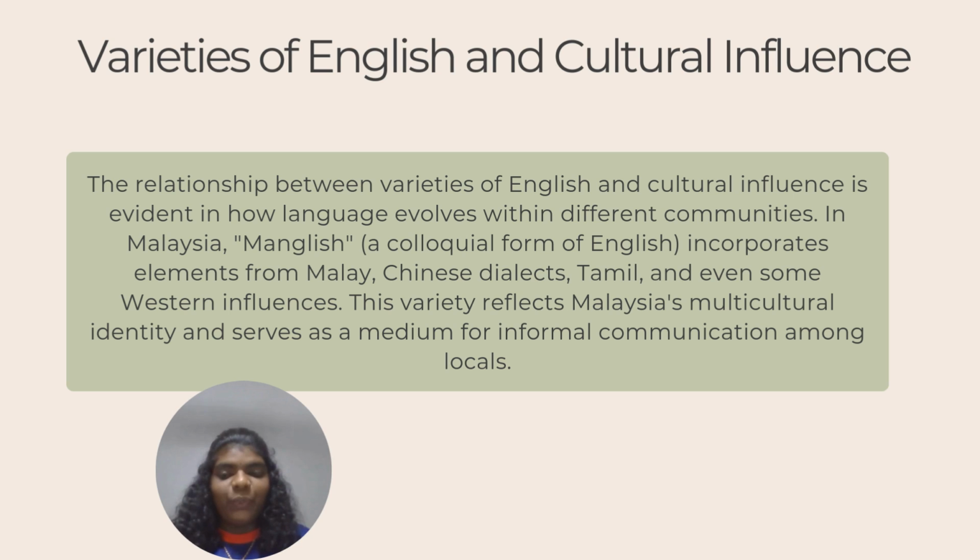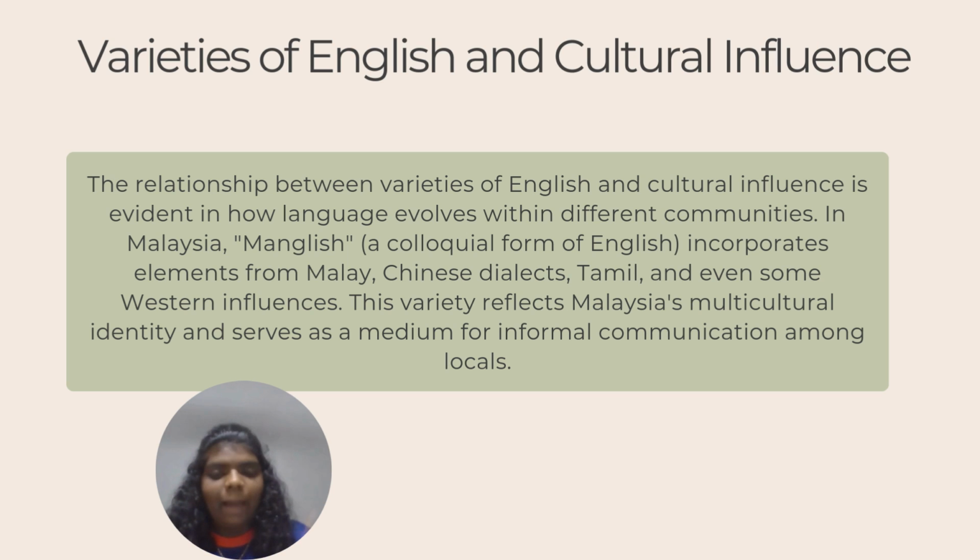Okay, so we have already covered the main topics, which are situational context and also cultural context. So now we'll focus on varieties of English and cultural influence. The relationship between varieties of English and cultural influence is evident in how language evolves within different communities.